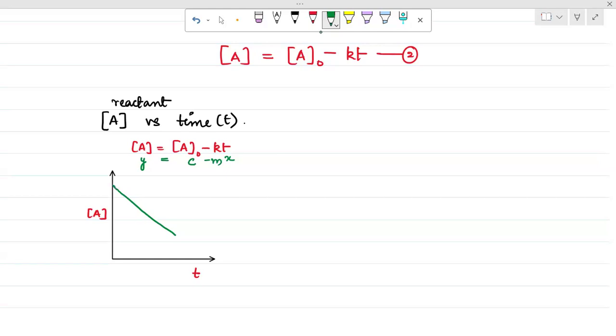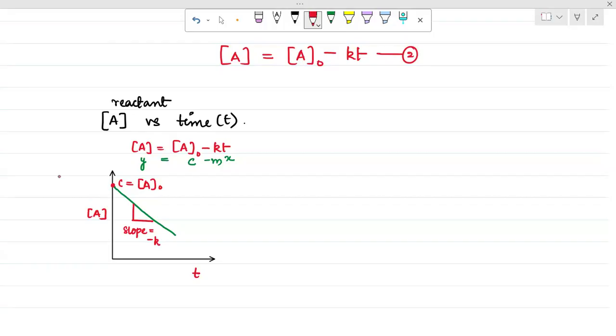So you can touch your line over here. And this is the y-intercept, and that is going to be equal to A naught. And you have got a negative slope as well, and that is minus K. Okay, so this is how the plot looks.